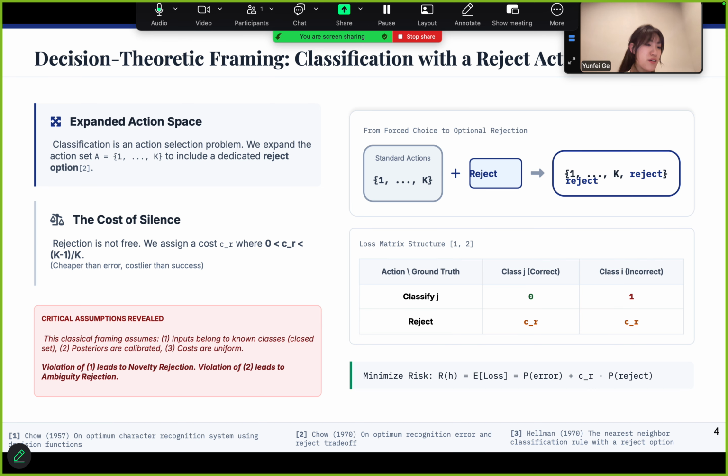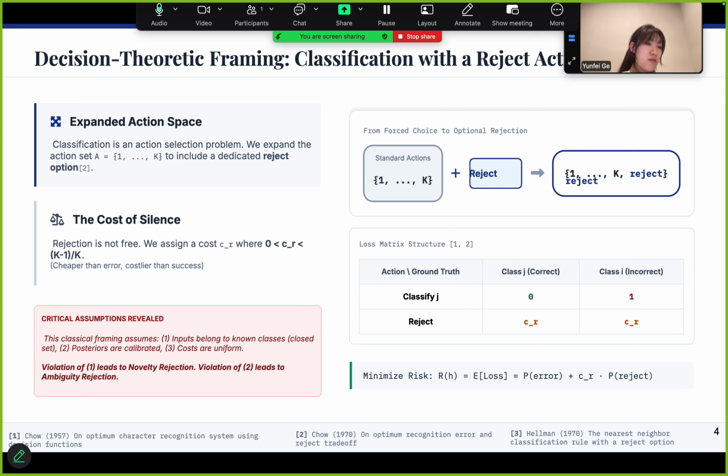Let's formalize this. In the standard setup, classification is an action selection problem. The action set is just 1 to k, one action per class. The optimal solution under the 0-1 loss is to pick the argmax of the posterior. That is the standard story. Now we can add one action, reject. The new action set is 1 to k, plus reject.